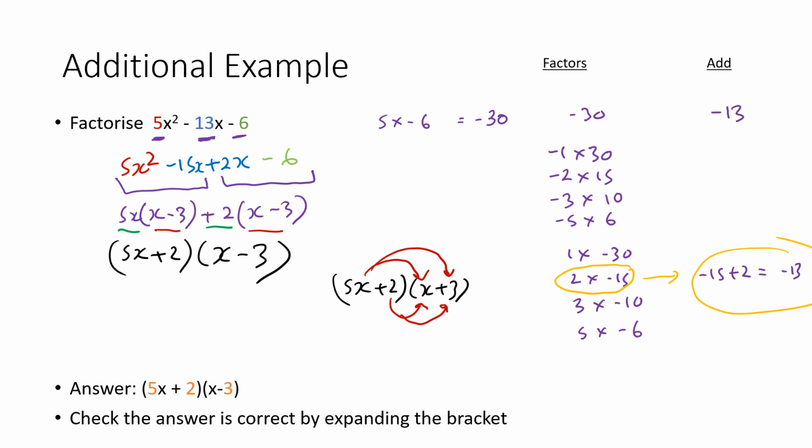So that would have given you 5x squared minus 15x, and then plus 2x, minus 3 times 2 will give you minus 6. And then if you add that together, 5x squared minus 15x plus 2x is minus 13x, minus 6. And you could see that is the same as what we have above on the top left hand side. So this is correct. And it's good practice to actually go back and check.